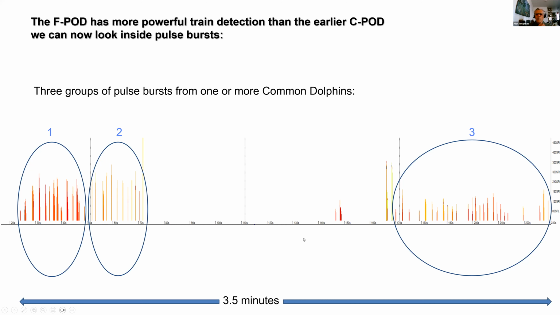And what we've got over 3.5 minutes here is 3 bursts or 3 groups of click bursts or pulse bursts. So here's the first group. The frequency is going to be around 30 kilohertz. The second group, it's on the low side of 50. The third group, which is after a gap of a couple of minutes, there's a range of frequencies, and they're not so loud.